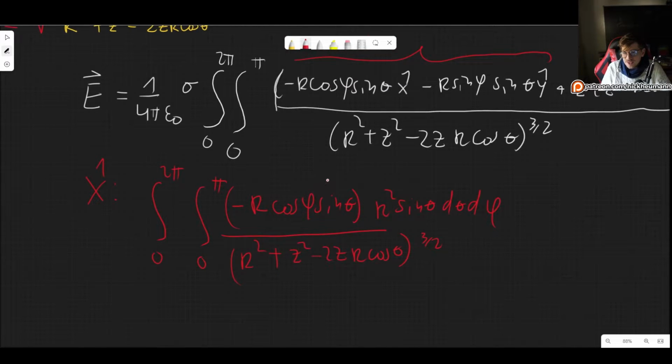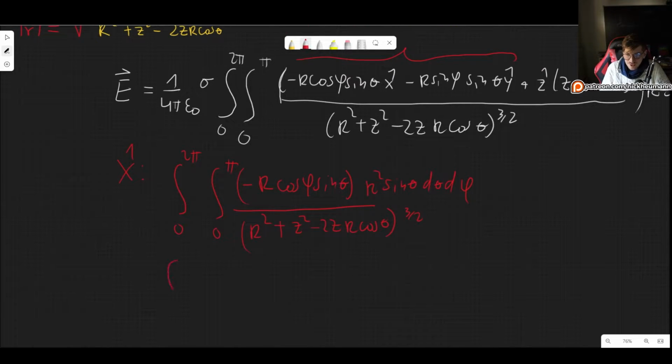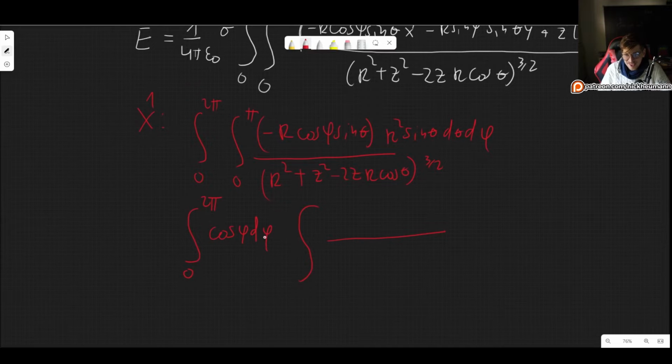So looking at this, the theta integral looks very nasty. You have sine squared theta divided by all of this. So separating the integrals, the phi integral is simply the integral from 0 to 2 pi of cosine phi d phi, and then you have everything else. But thankfully, this integral right here is 0. That is the sine of phi between 0 and 2 pi.